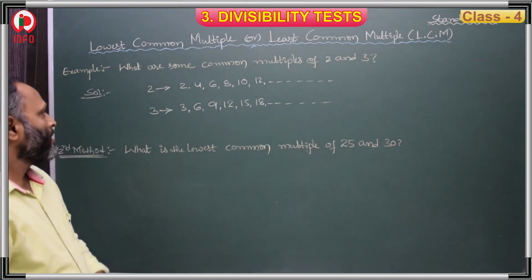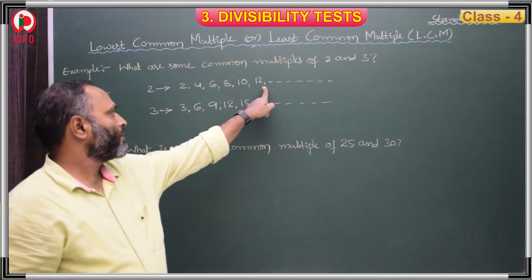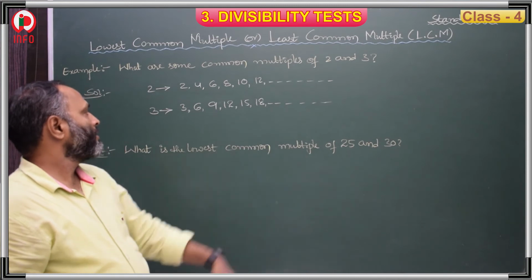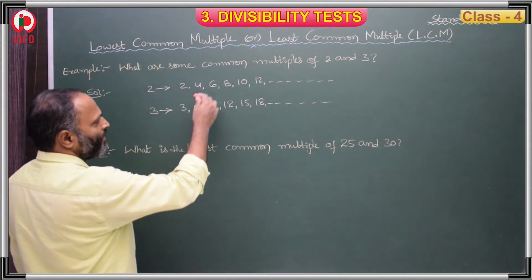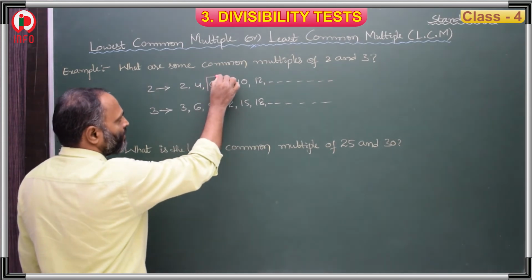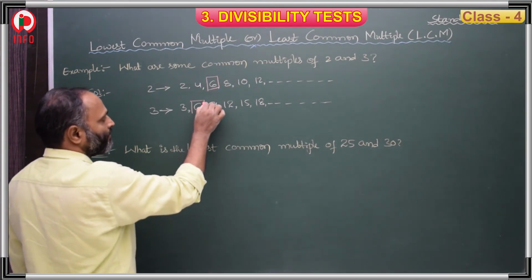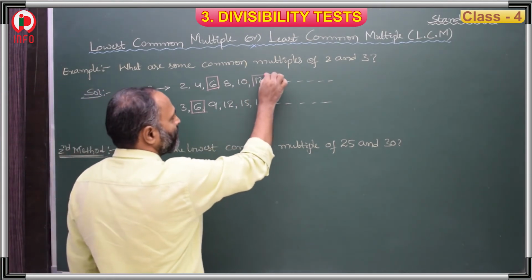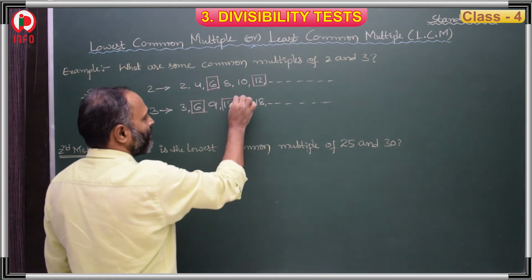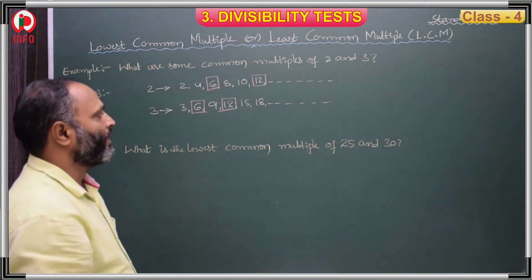What is common in these two? 6 is here and 6 is here. 12 is there and 12 is there. After that 18 will come.